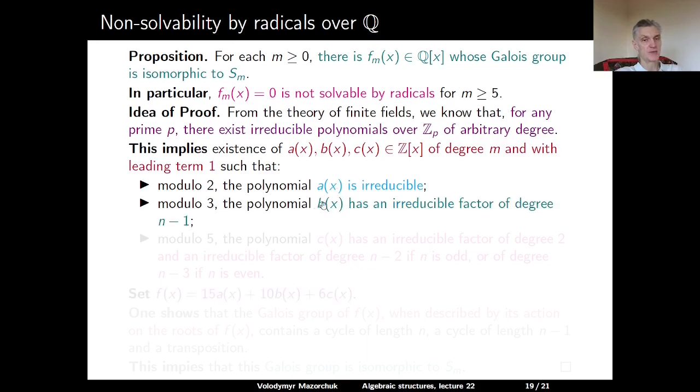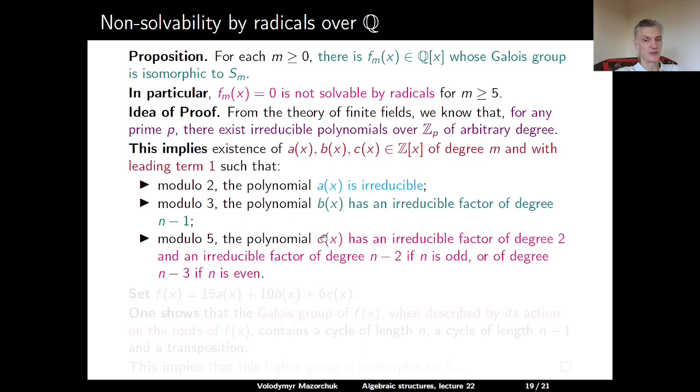Modulo 3, the polynomial b of x has an irreducible factor of degree n minus 1, and modulo 5, the polynomial c of x has an irreducible factor of degree 2 and an irreducible factor of degree n minus 2 if n is odd, or of degree n minus 3 if n is even.